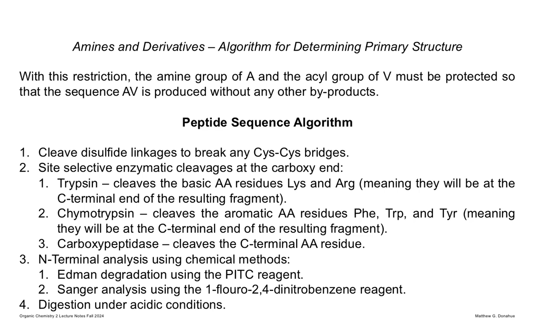And then the enzymatic methods that we learned, it says cleave at the carboxy end, just meaning that what they're specific for will end up as the new C-terminal residue. So trypsin goes after lysine and arginine. Chymotrypsin, the amino acid residues phenylalanine, tryptophan, and tyrosine.